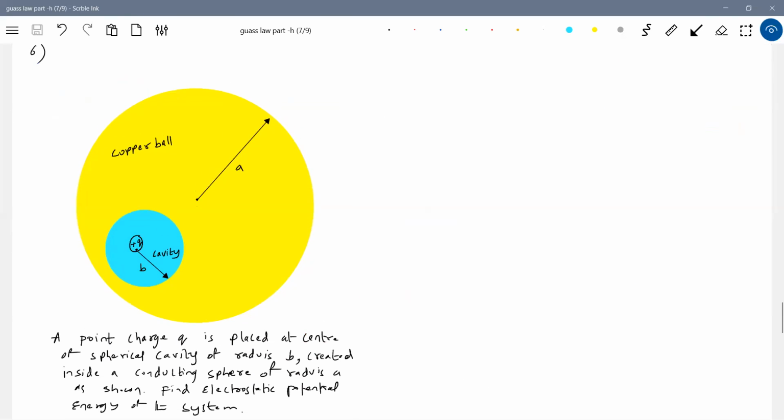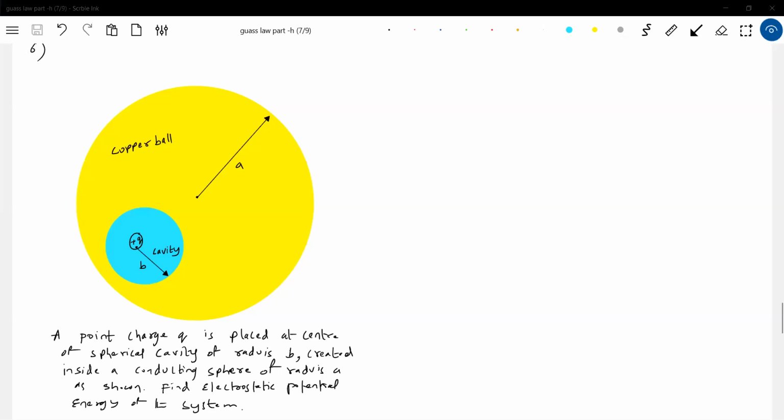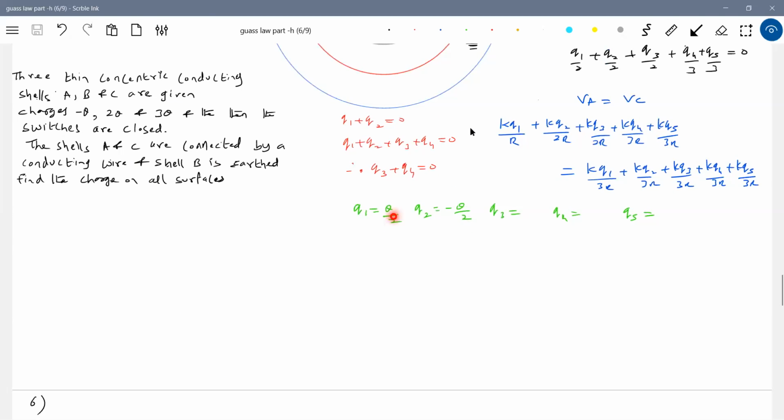This is one more very fundamental one. Q1 4Q by 11. I'll change it.